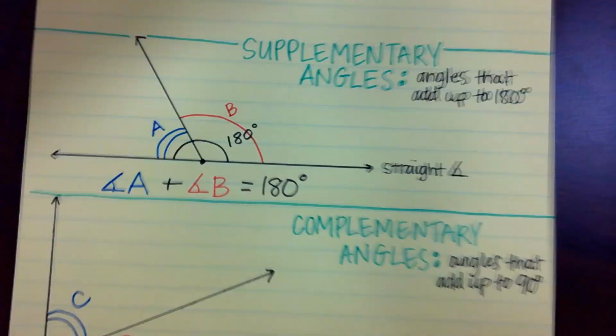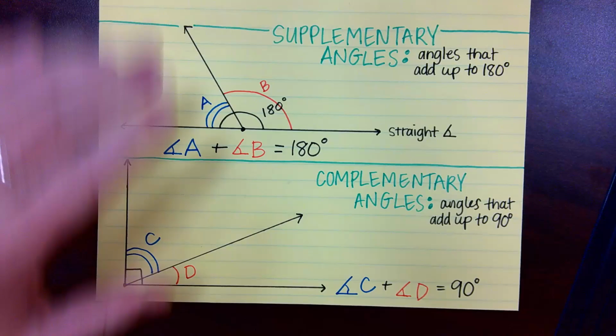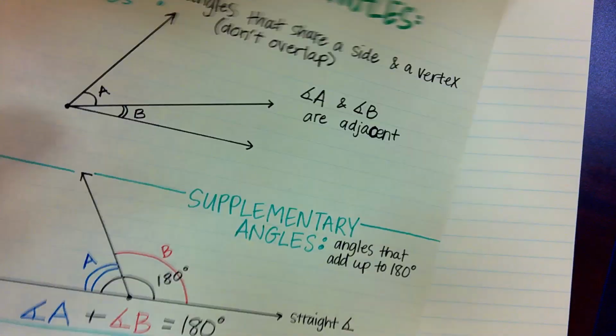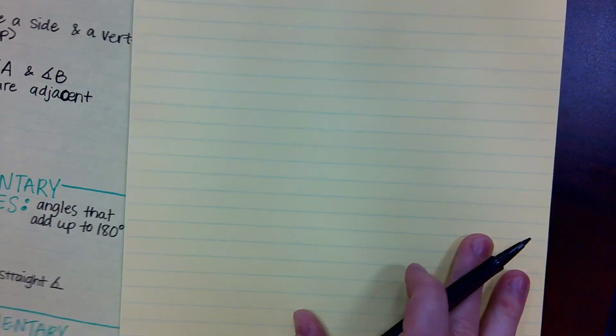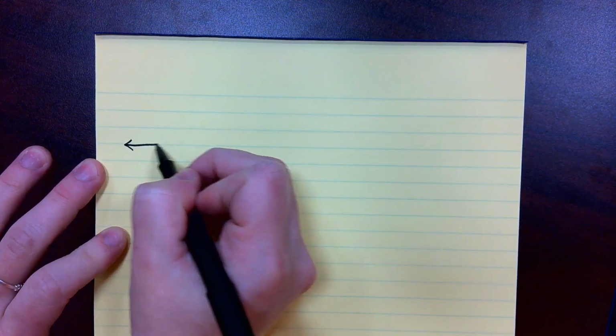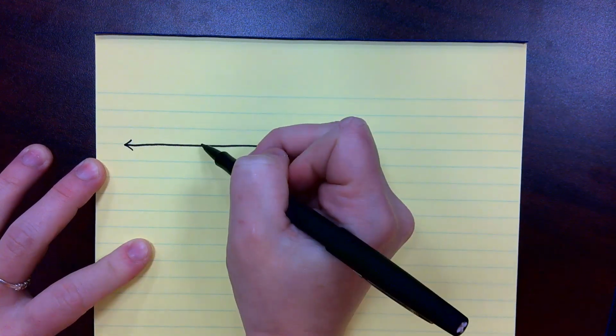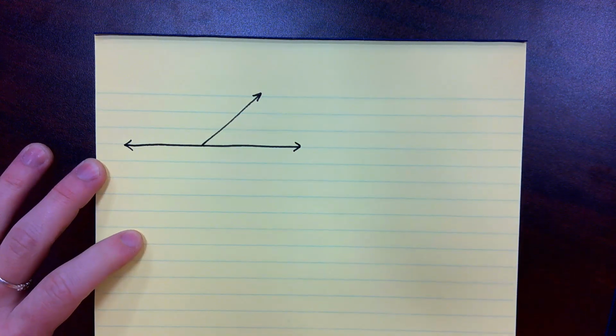All done? Okay, awesome. So let me give you an example of where we would see something like this. Let's say, and now when we're drawing this one, we don't have to make it exact. We're just going quick. Let's say I have this here.